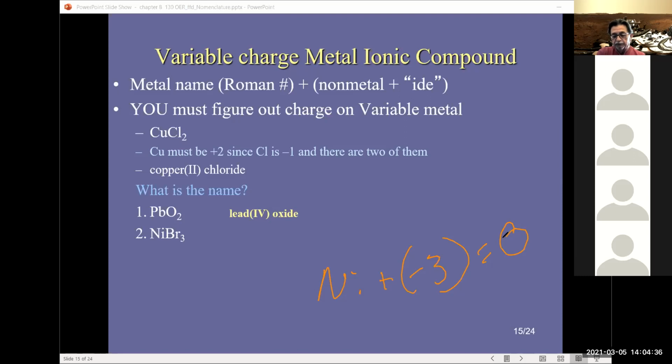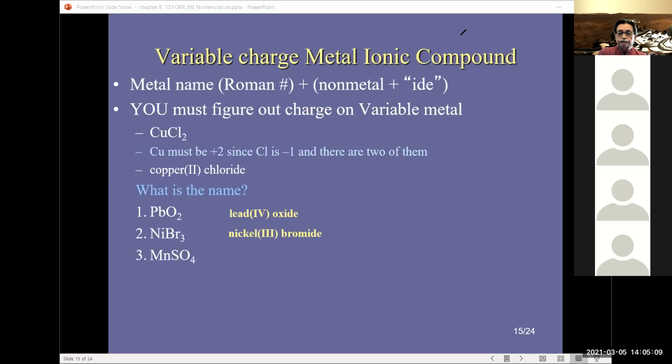Which is simply the same thing as nickel minus 3 equals 0. It's the same thing, which tells me that I'm working with nickel plus 3, because I'm solving for that. So nickel is a +3, which is Roman numeral 3. Nickel, Roman numeral 3, bromide. Again, no prefixes here for the 3 bromides, just strictly bromide.